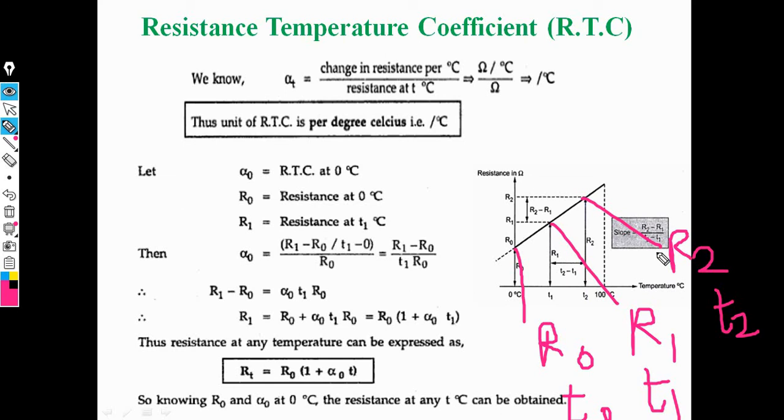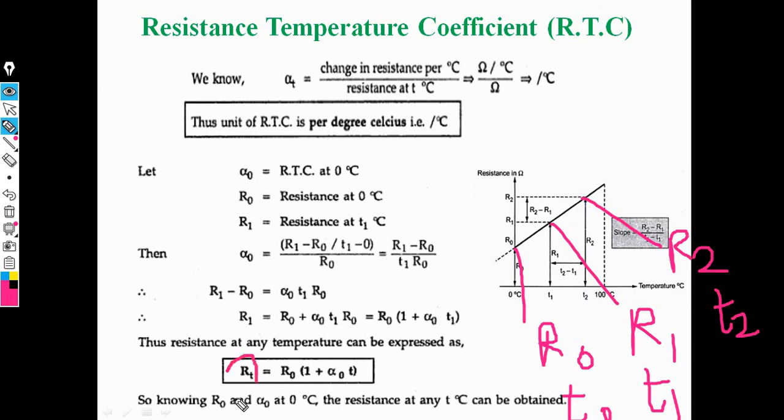Now this is the important point. Resistance at any temperature can be expressed by the formula RT is equal to R0 plus alpha 0.